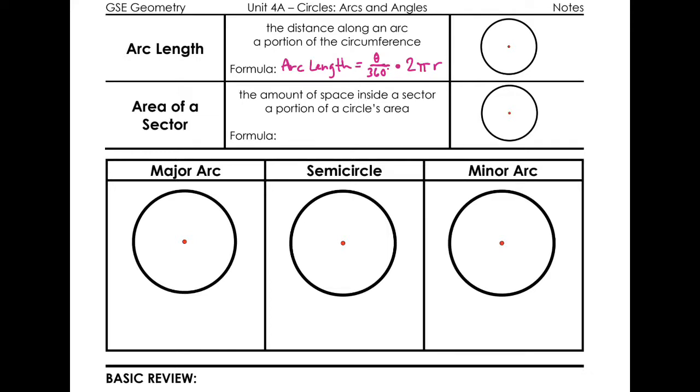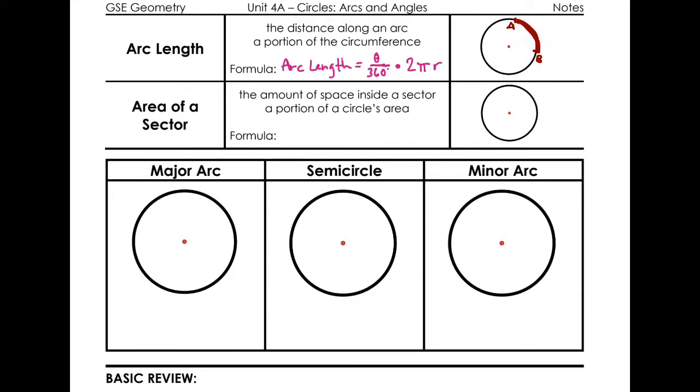So to draw that, let's say we wanted to know the distance from here to here. Let's say this is arc AB, and we wanted to know the distance there. You'll see this later on in the unit, you'll be given what degree this arc is.